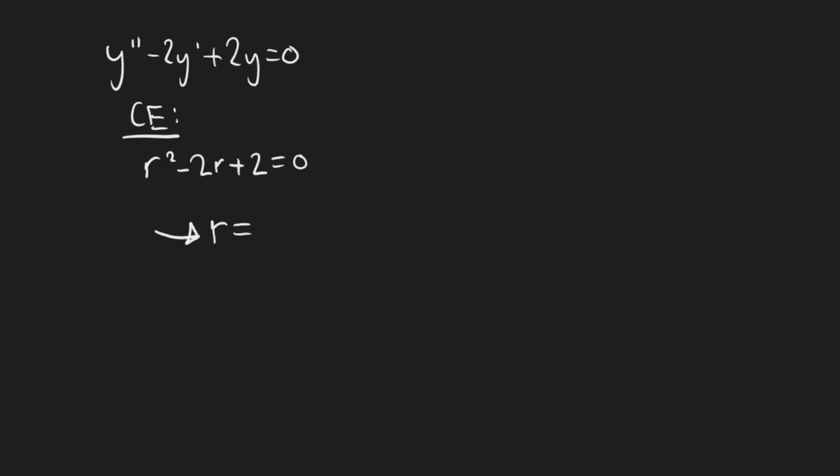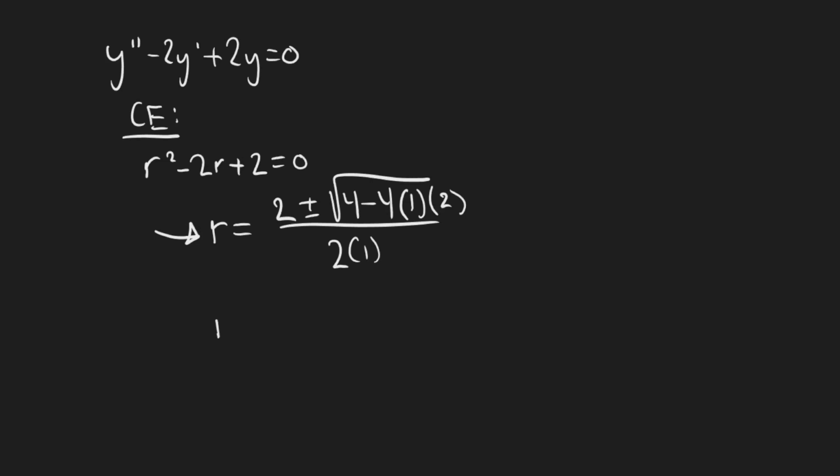In this case, b is negative 2, so negative b is just going to be 2. And then we have plus or minus the square root of b squared, 4, minus 4 times a times c, so like that, over 2 times 1. So r equals 2 plus or minus square root of 4 minus 8. So it's going to be a negative 4 in here, and then that's still over 2.